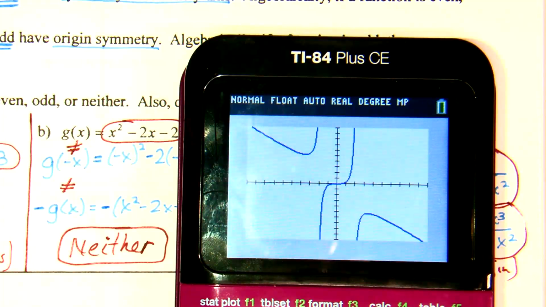Okay, guys, because of my denominator, I have asymptotes happening at x equals 2 and x equals negative 2. We'll talk more about that later.